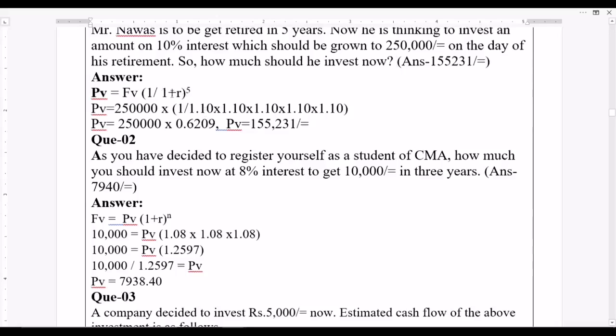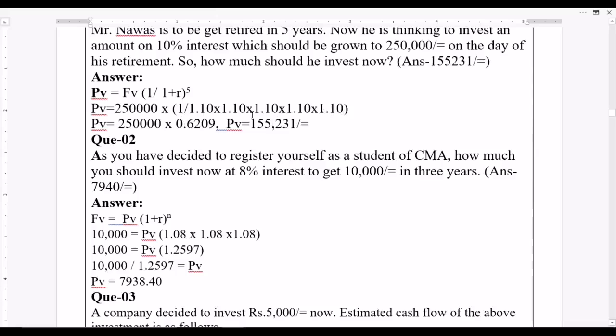Because 1 upon (1 plus r) to the power is 5. So 1.10 once, twice, thrice, 4 times, 5 times.